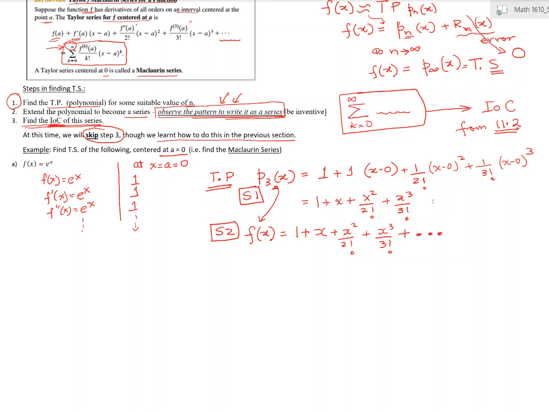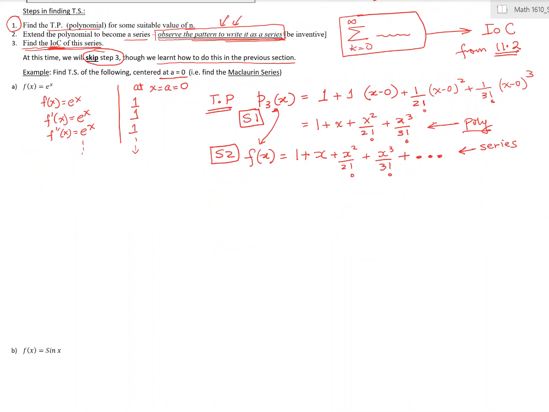So this was a polynomial and this is the series. Very simple to make it into a series. For free you can put 3 dots, but that does not get you the credit of the question or any other result, because here is the main thing. This is the main thing, so please pay attention.